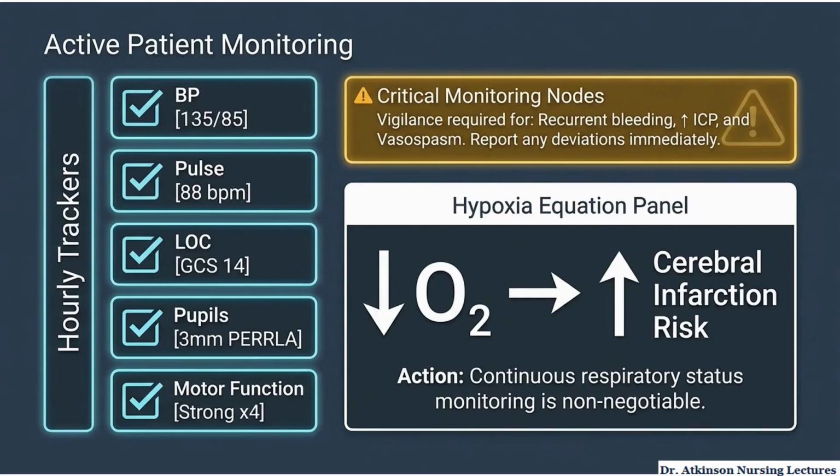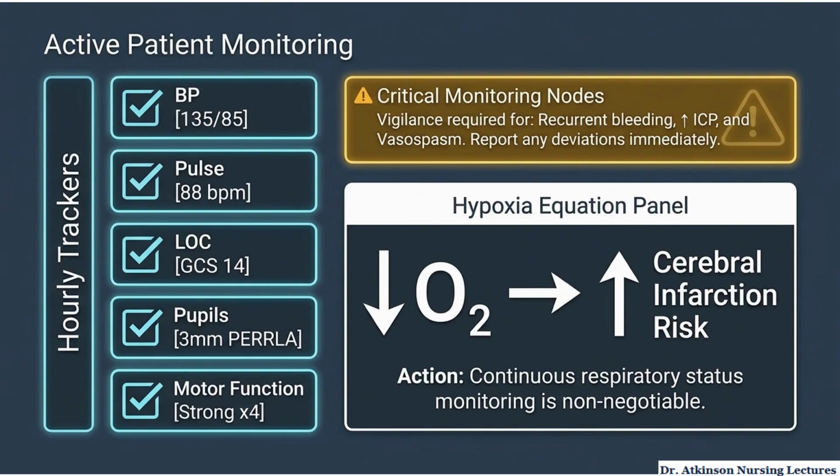Now let's talk about active monitoring, because these patients require extremely close observation. In the ICU setting, you are trending neurostatus constantly. We're monitoring blood pressure, pulse, level of consciousness, pupils, and motor function very closely, sometimes every hour, or even more frequently depending on stability.